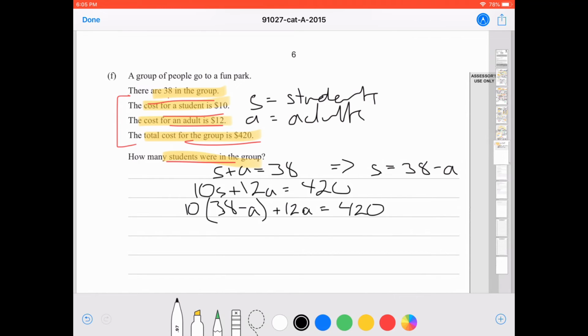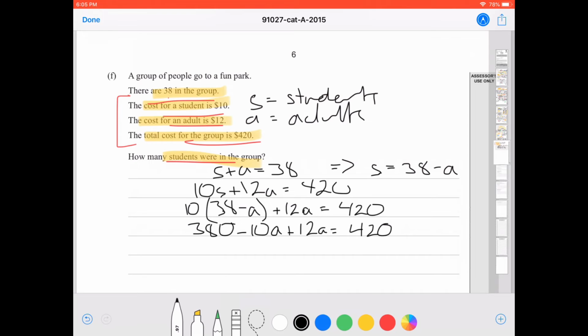So, expanding our brackets, we've got 10 times 38 is 380, minus 10A, plus 12A, and that equals 420.